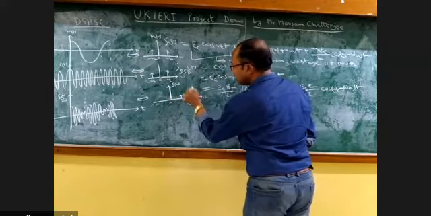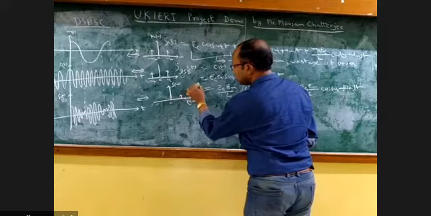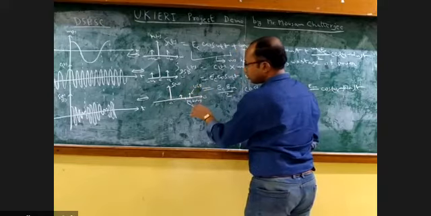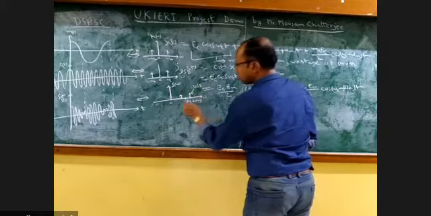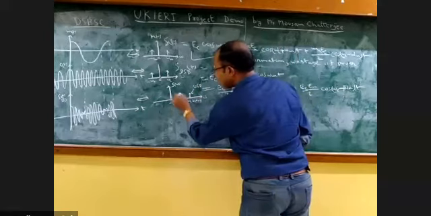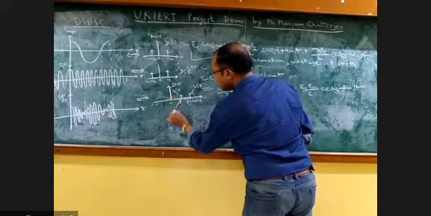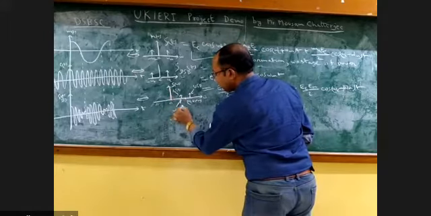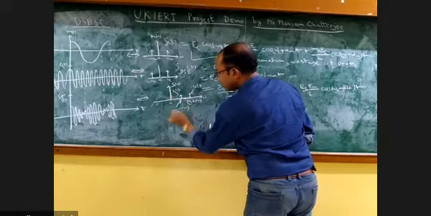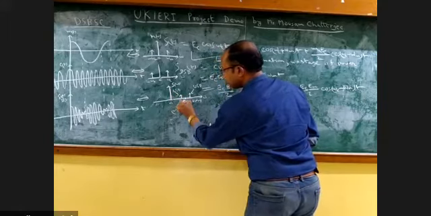At USB, it is at omega_c plus omega_m, and at the lower sideband it is omega_c minus omega_m, around omega_c.